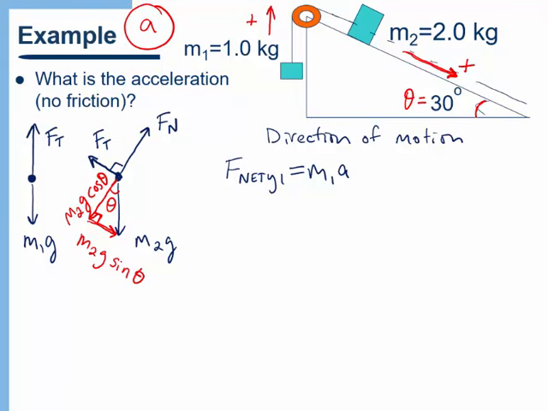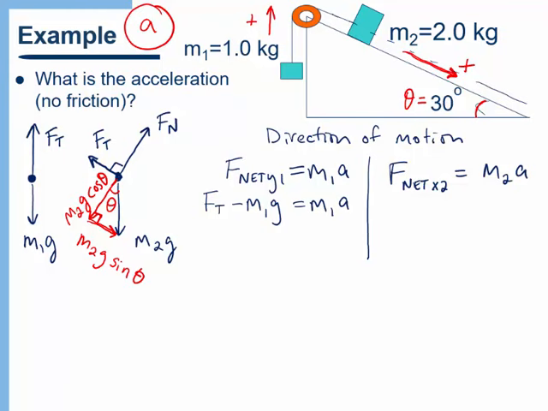In other words, along the incline. So I'll write F net x2 is equal to m2a. And now we want to go ahead and fill in the forces. On object 1, the net force would just be Ft minus m1g, and that's got to equal m1a.